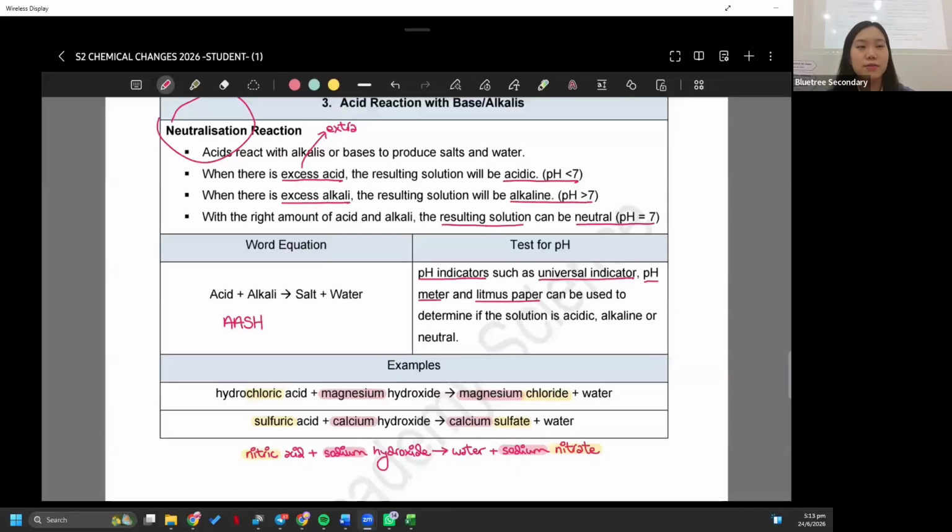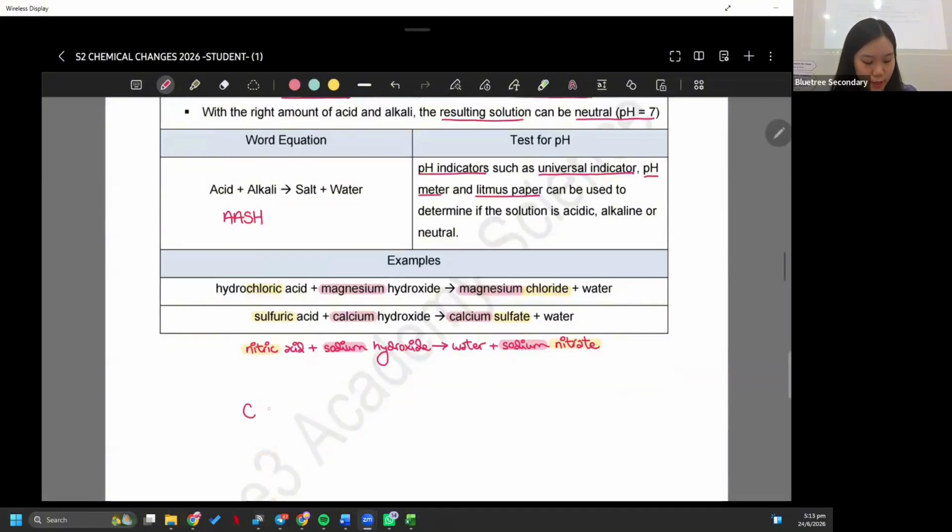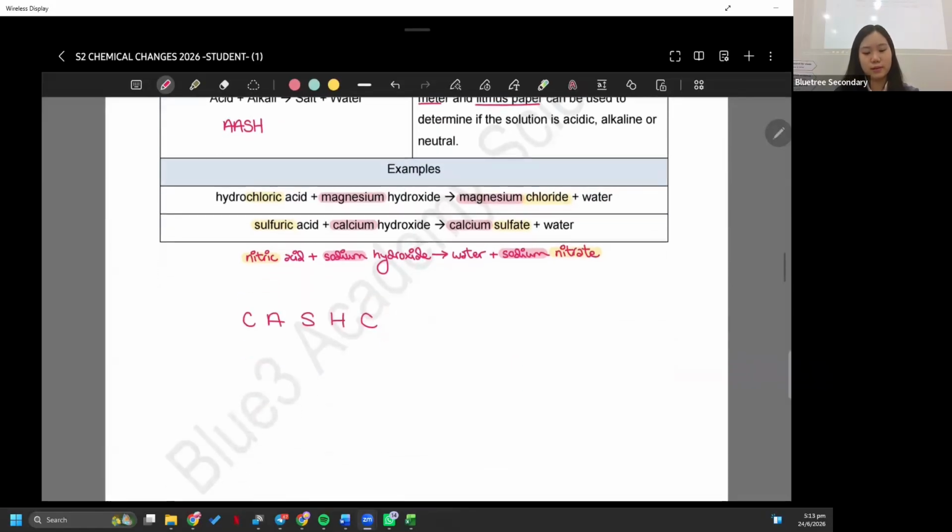Carbonate plus acid gives you salt, water, and carbon dioxide.